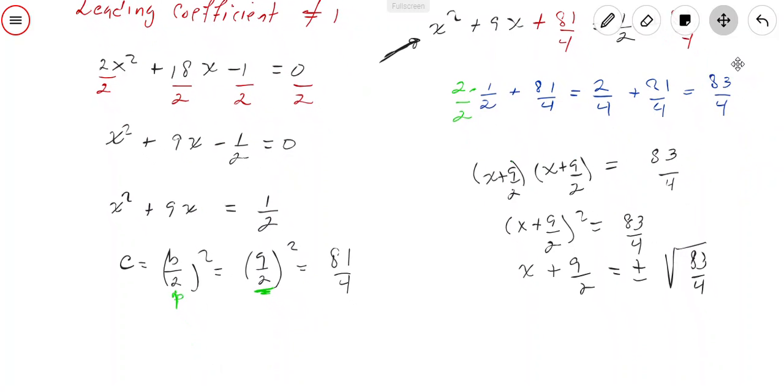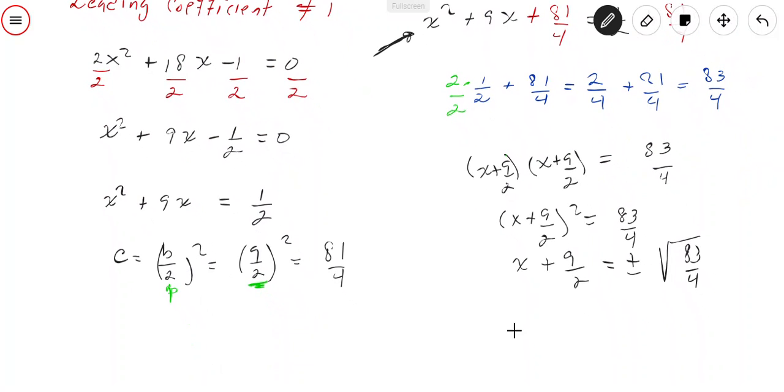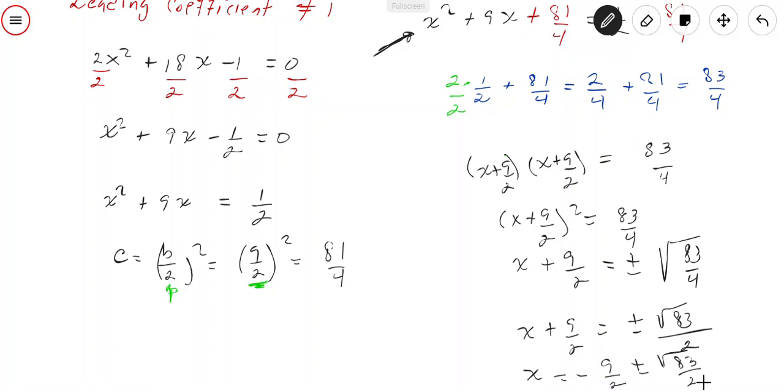We can say that x plus 9 over 2 equals plus or minus the square root of 83 over 2, because we split this radical into the square root of 83 over the square root of 4, using the quotient property of radicals, and the square root of 4 is 2. Then I bring the 9 over 2 to the other side, so I get x equals negative 9 over 2 plus or minus the square root of 83 over 2, and I have solved my equation.